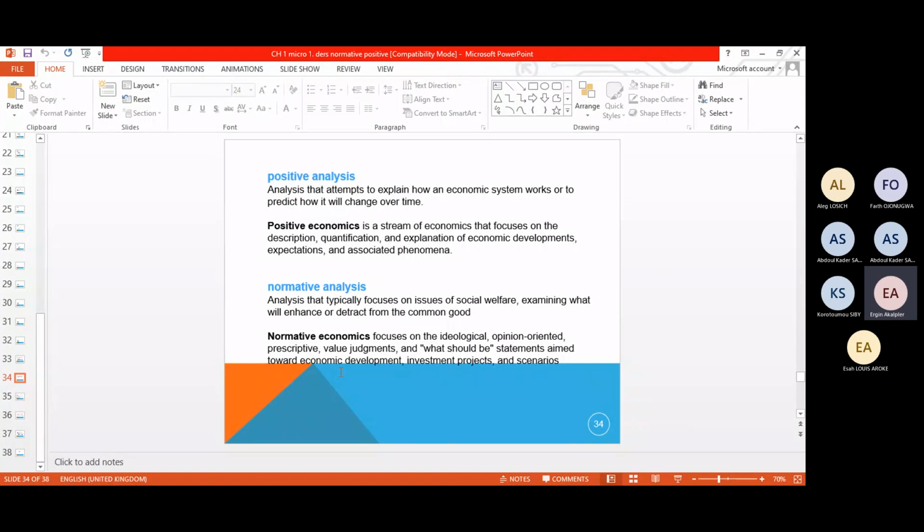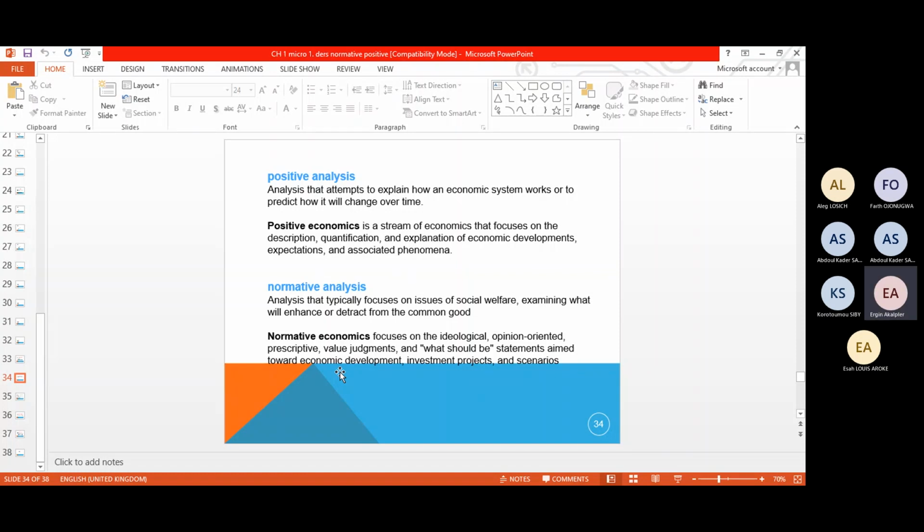A normative analysis typically focuses on issues of social welfare, examining what will enhance or detract from the common good. And normative economics focuses on the ideological, opinion-oriented, prescriptive value judgments, and what-should-be statements aimed towards economic development, investment projects, and scenarios.